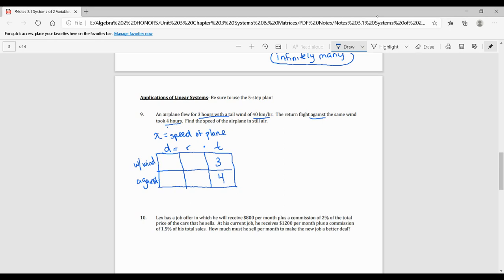Now remember, when you fly with the wind, you're going to move faster. So my rate is the rate of the plane plus the wind, which was 40. And when I go against it, I get slowed down. So my rate is x minus 40. We don't know the distance, but we know it was the same distance. So we can say y here. And then I'll go up and define that y is the distance.